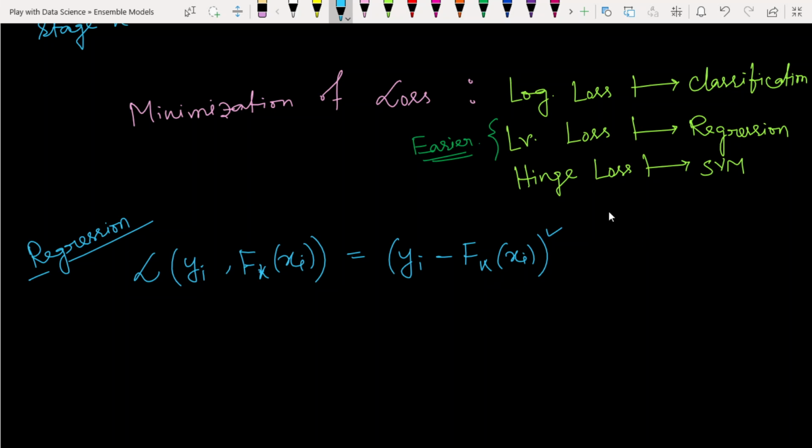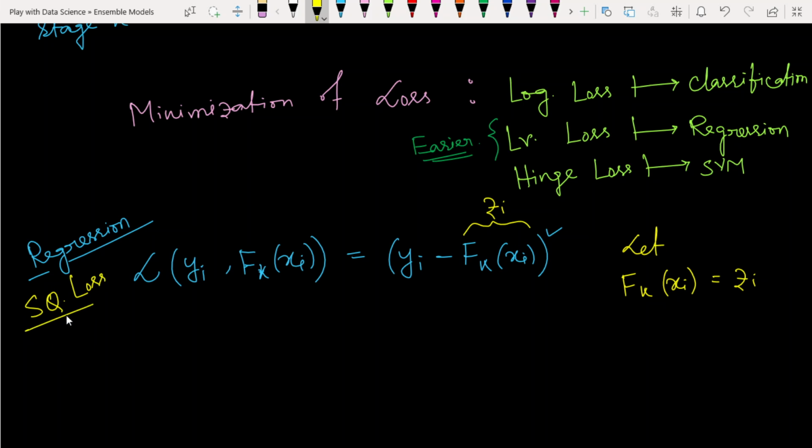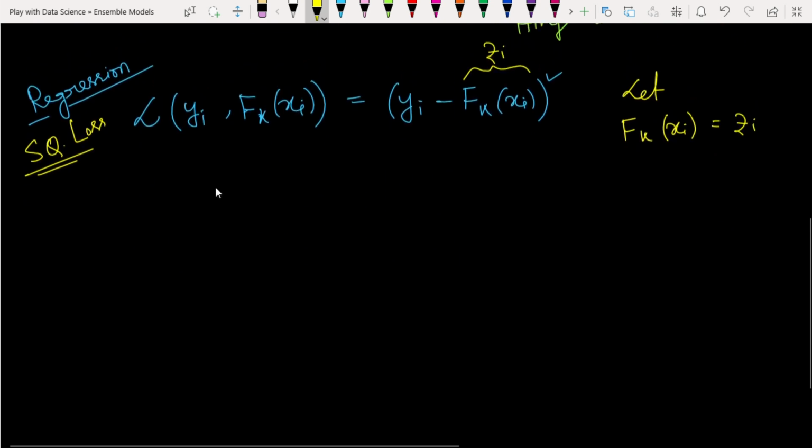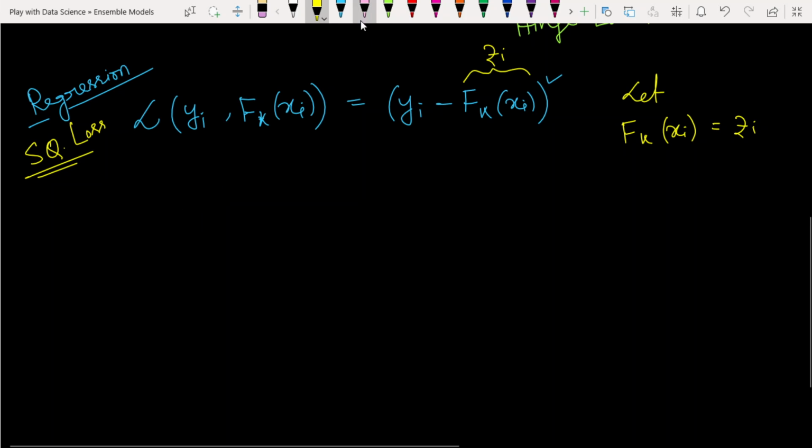Now let f_k(x_i) be equal to z_i. Since for regression we have taken the square loss function, let's take the derivative.